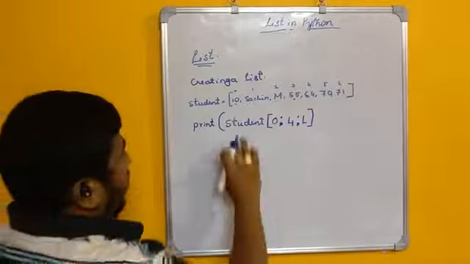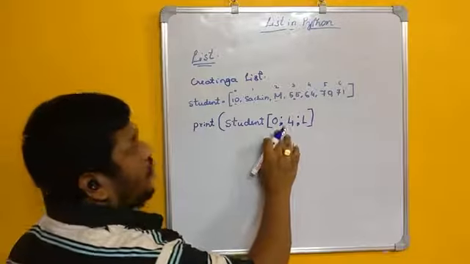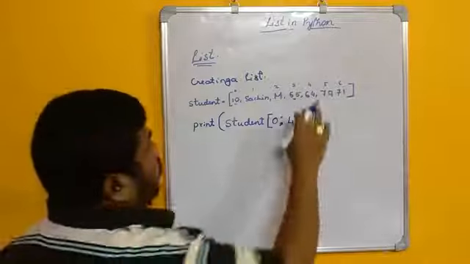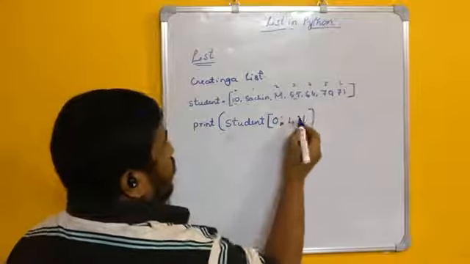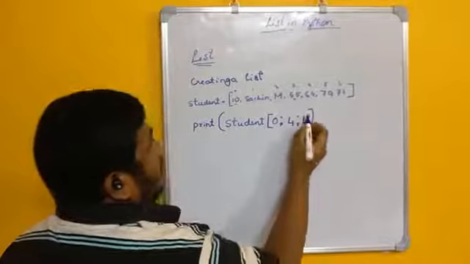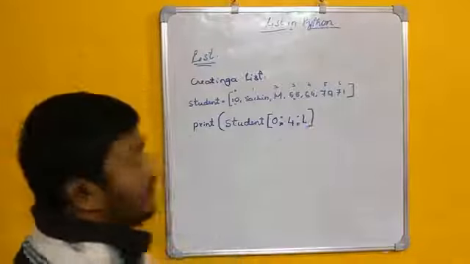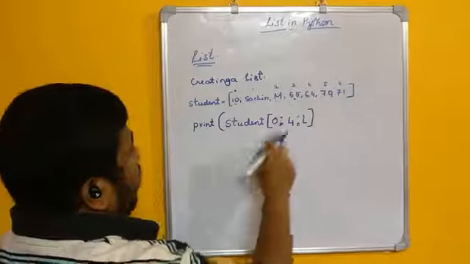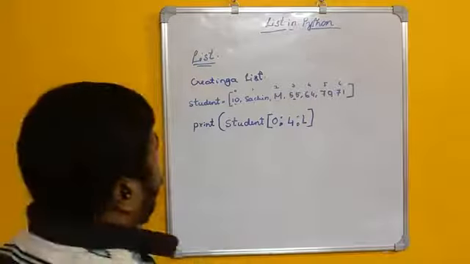See, student[0 colon 4 colon 1]: 0 is our starting point, then colon, and the end point, 4. Our step is 1, so in each iteration the next element is taken.